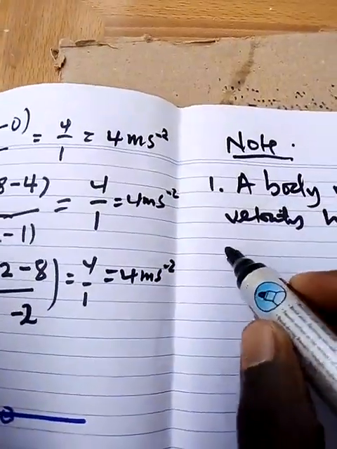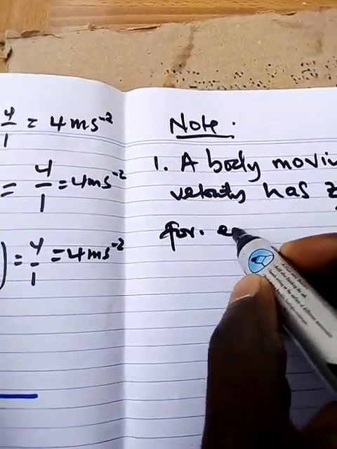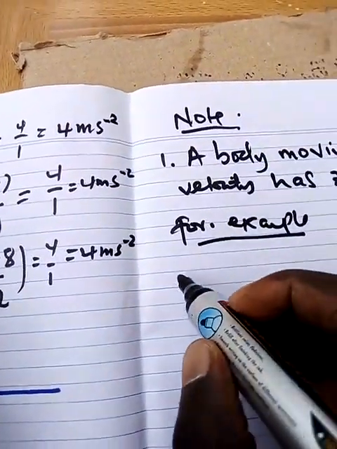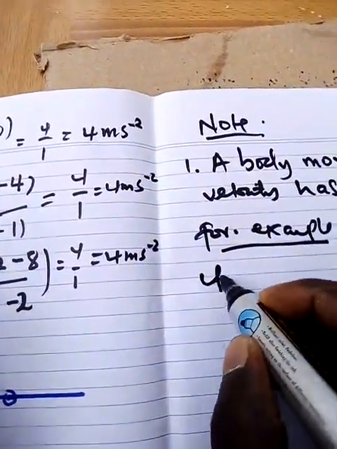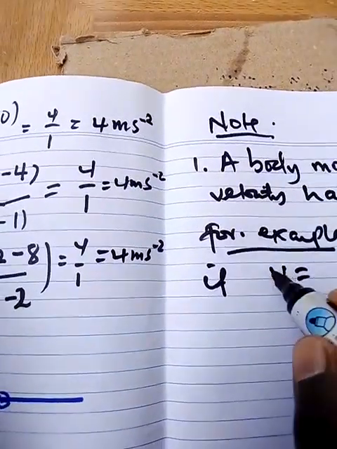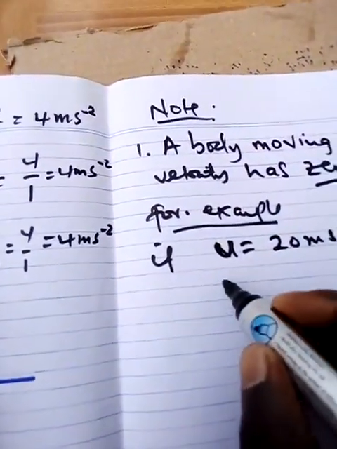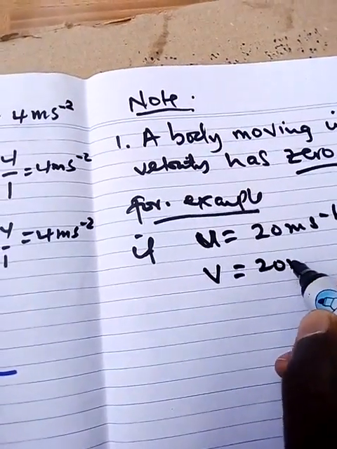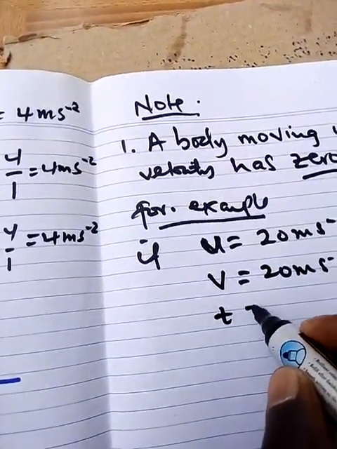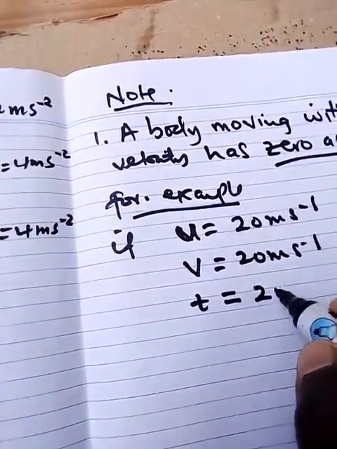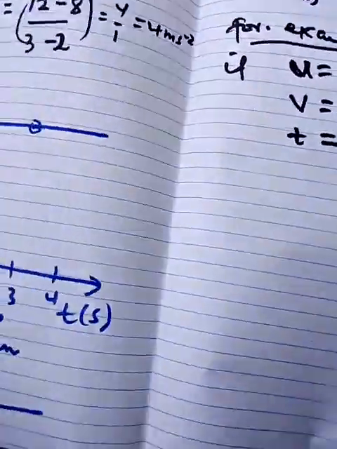By the way, for example, if u is equal to 20 meters per second and the velocity doesn't change and v is also 20 meters per second, and the time taken in the observation, someone is observing this motion, is 2 seconds, what would be the acceleration?